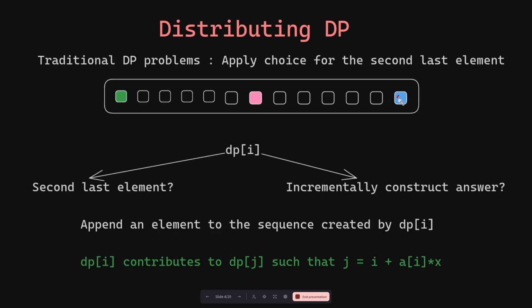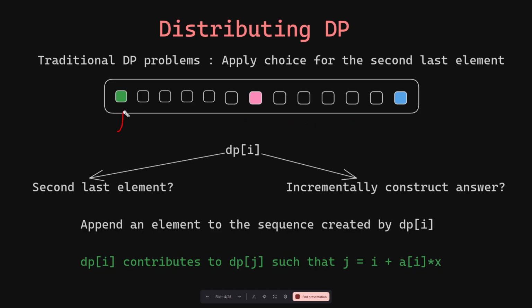For example, what happens when you append a blue element into all of the subsequences that end at the pink element? You can notice that it will create a subsequence that will end at the blue element. Therefore, dp of blue would be equal to dp of pink plus some contribution from other elements.